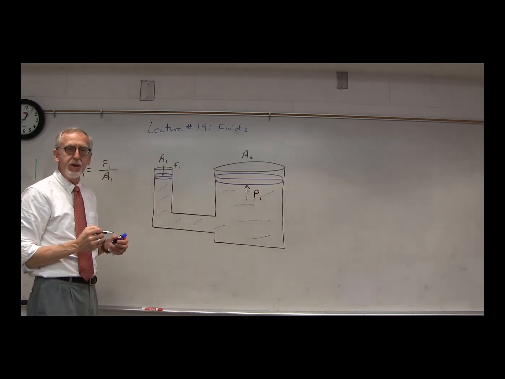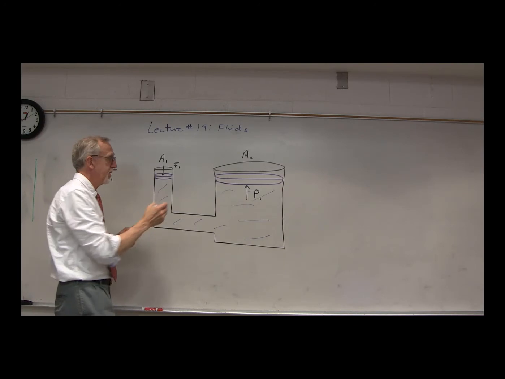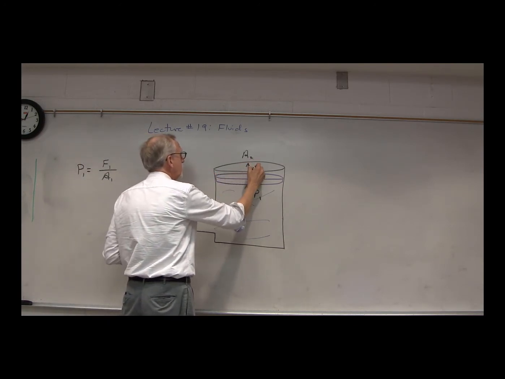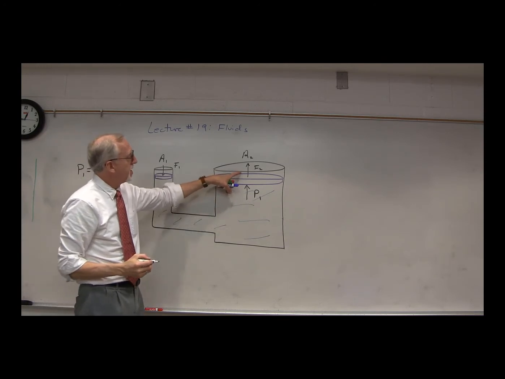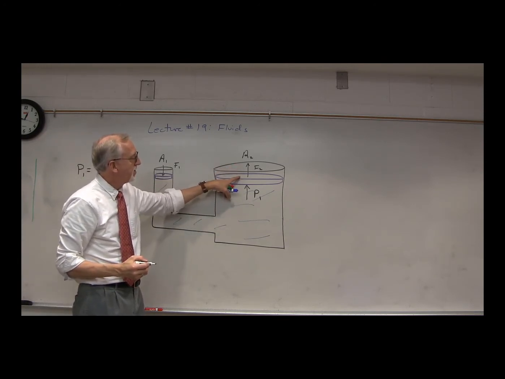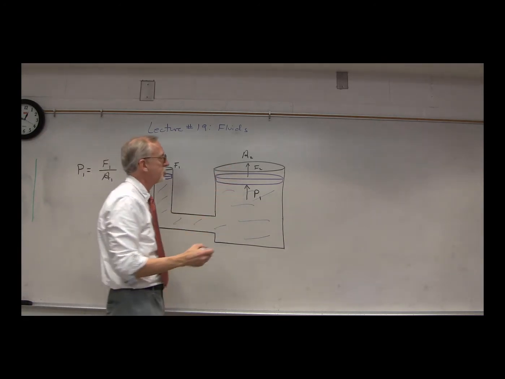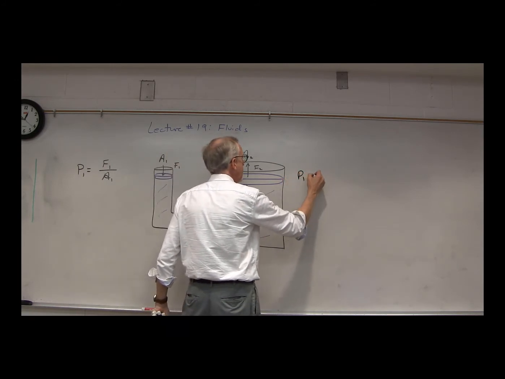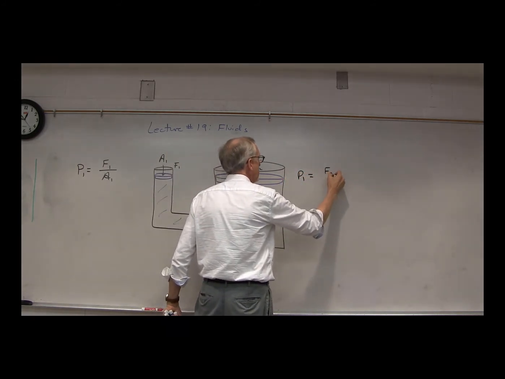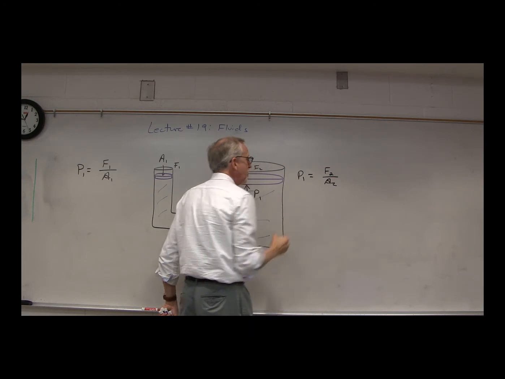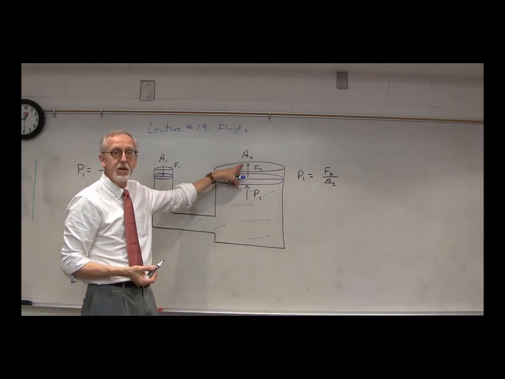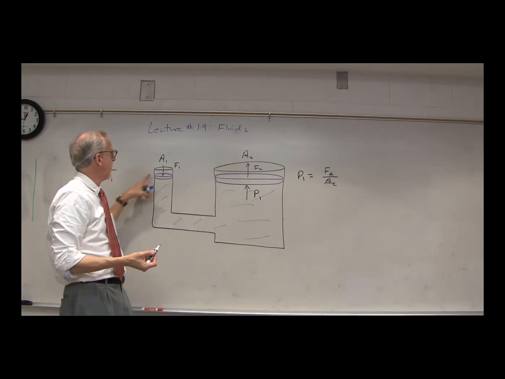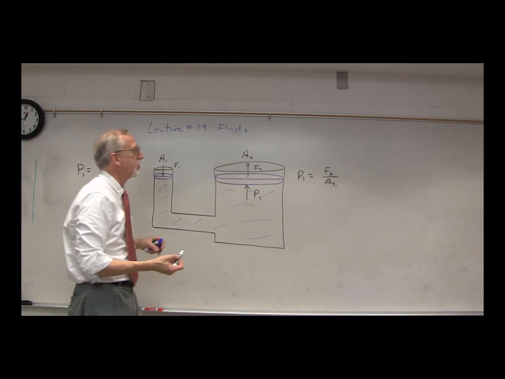Well, that's going to create a force upward from this piston. We'll call that F2. Now we know that the force over this area is equal to the pressure, so we know that P1 must equal F2 over A2. That's the pressure exerted by the force F2 distributed over the area A2. But we know that P1 is F1 over A1.